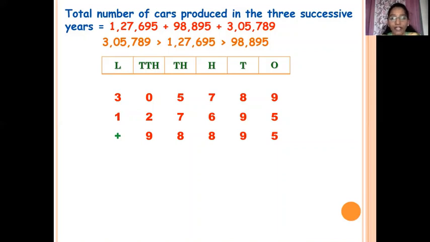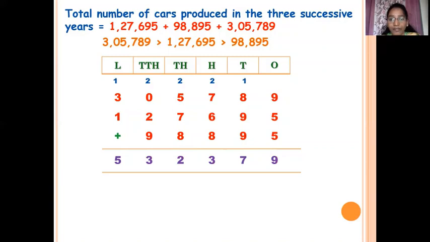So when you are adding all these three are nothing but the addends here. The numbers which have to be added are called addends. So you're going to get the answer, that is 5,32,379. So this is what is called the sum.